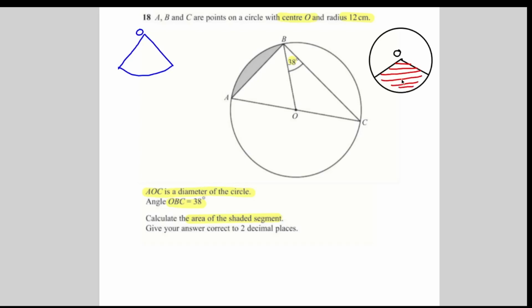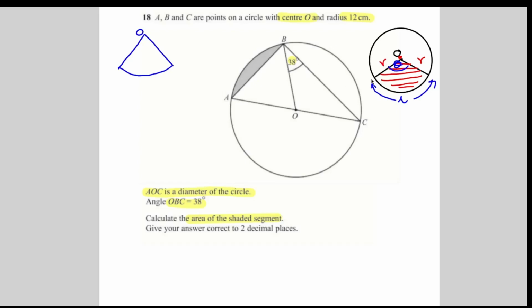This is the minor sector, this is the major sector. The sector must be cut out from the center, not from anywhere else. Then this is radius, this is radius. This angle, we label it as theta. And this length is the arc length, simply L. And this is the sector area. Right, these are the fundamental things.